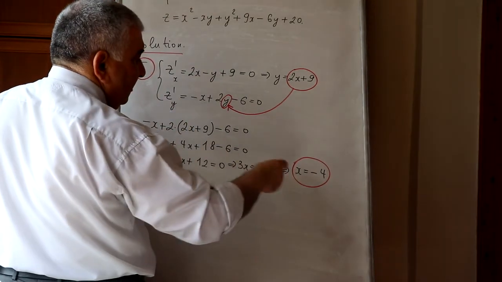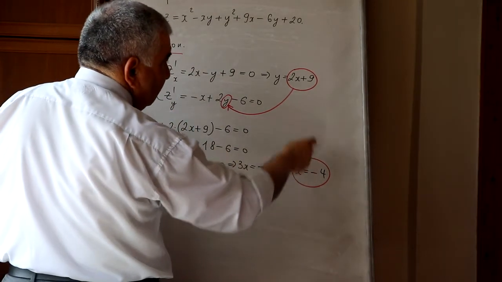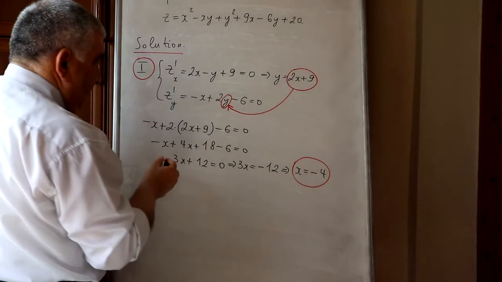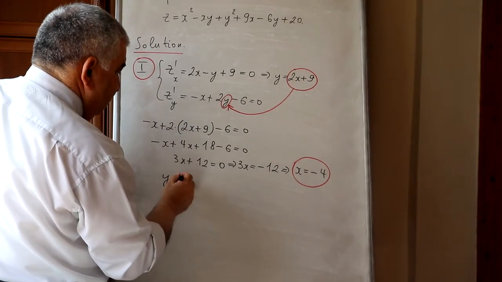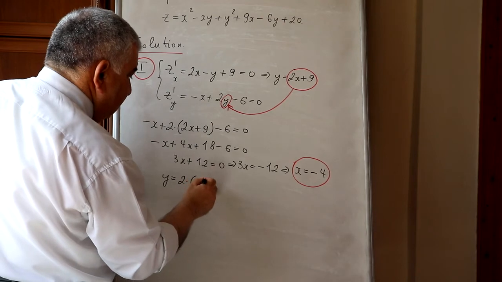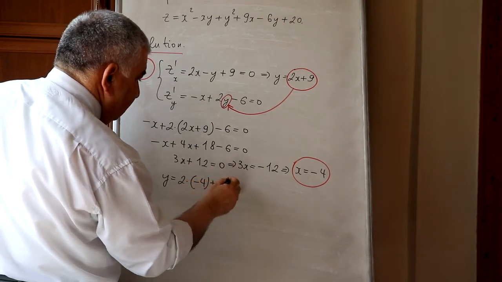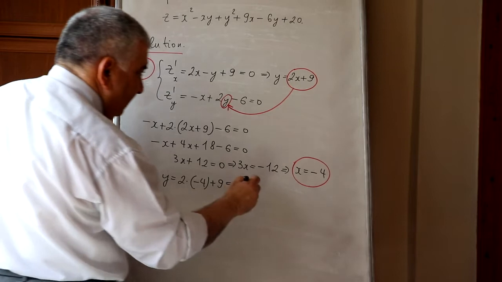Then find y. For finding y, substitute minus 4 instead of x. y equals 2 multiplied by minus 4 plus 9, which is 1. That is, y is 1.